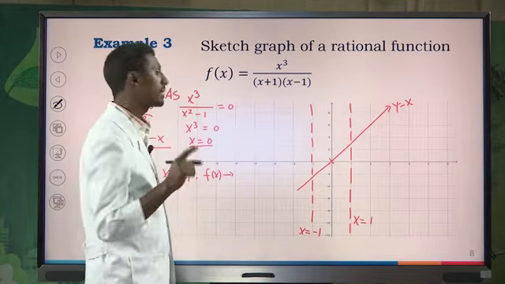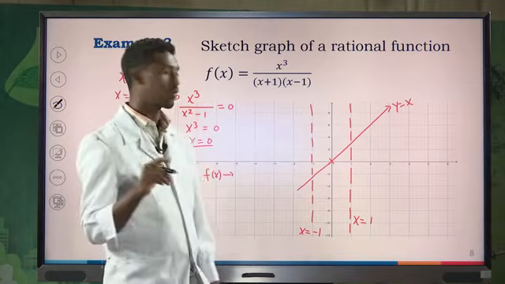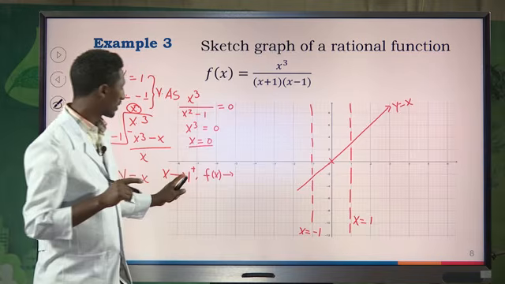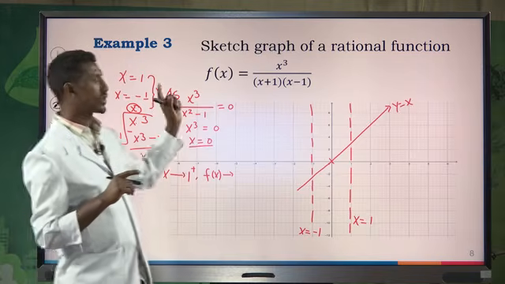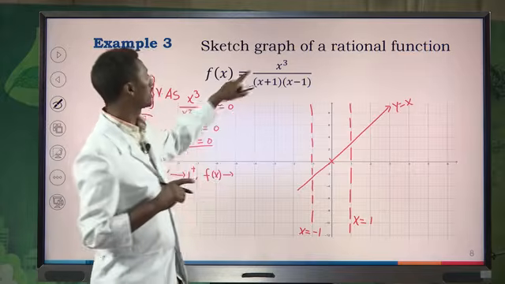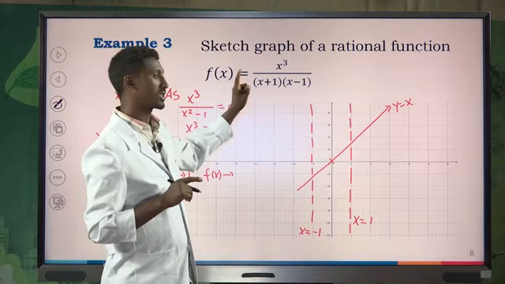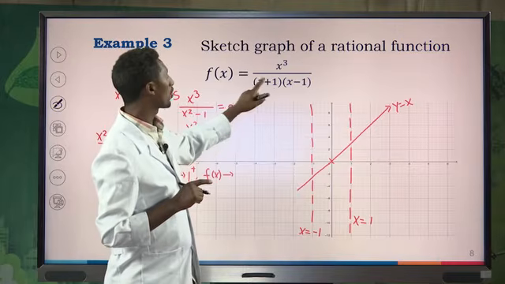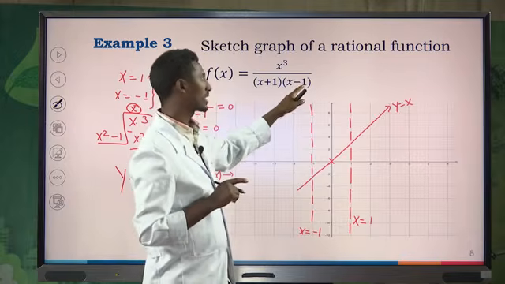So we'll take some constant to the right of 1. Let's take x equals 1.01. 1.01 cubed is positive, 1.01 plus 1 is positive, 1.01 minus 1 is positive.